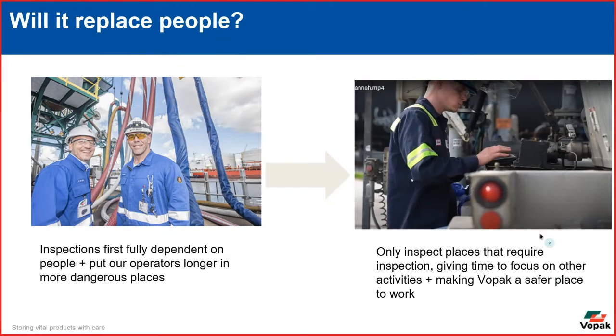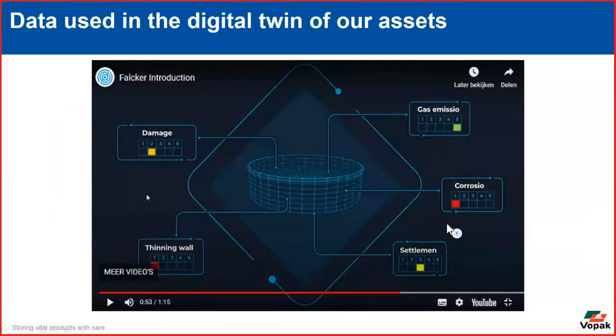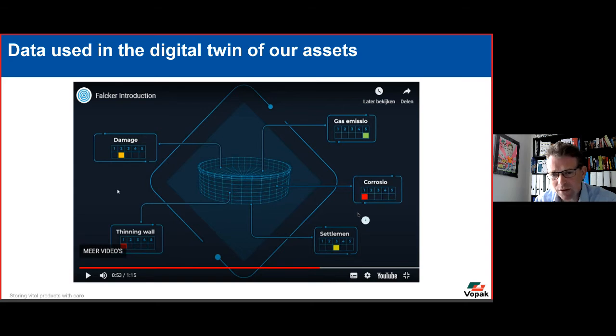One of the challenges that we have is that you get this amount of data. So the next step is that the data that is collected with the drones is collected in a digital platform.